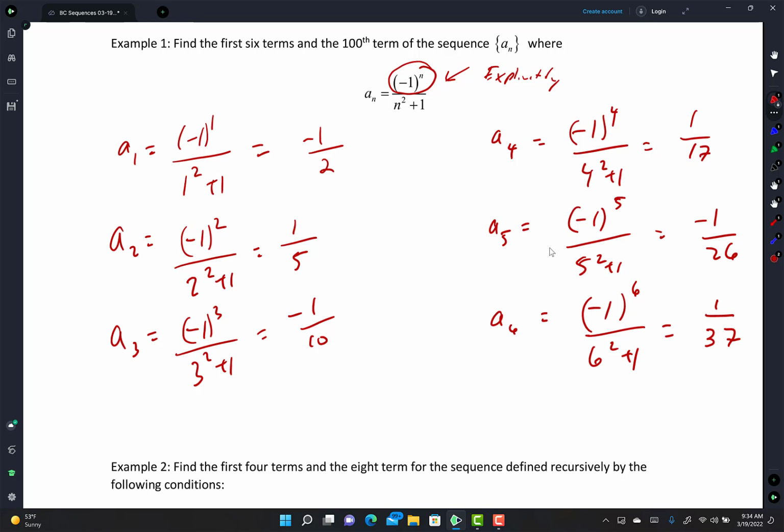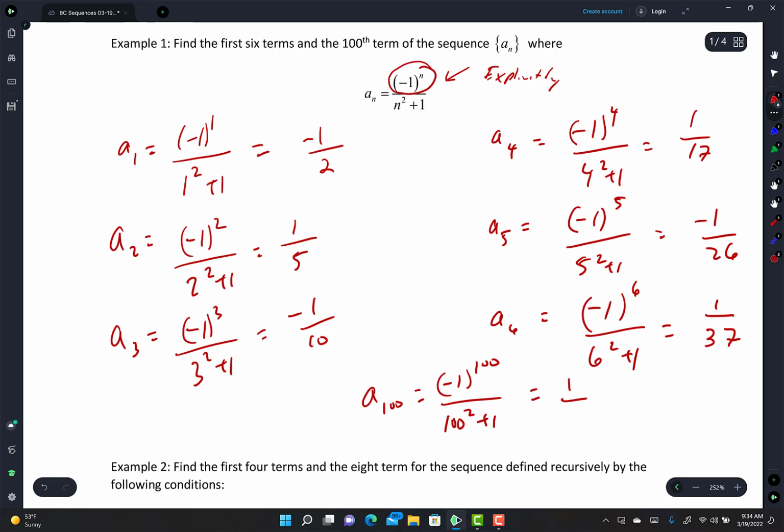So let's do that really quick. A of 100, I think that's what it said, right? The 100th term equals negative 1 to the power 100 over 100 squared plus 1. So a positive 1 over 100 squared, I want to say that's 10,000. So 10,001. And there it is.